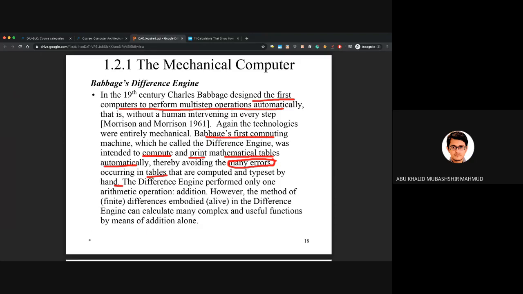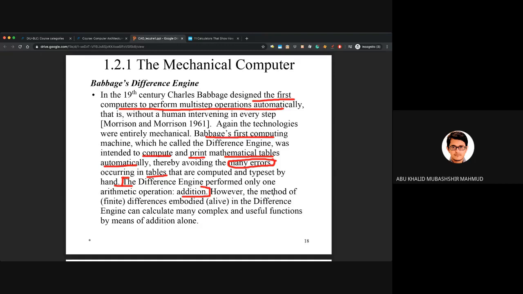However, the main drawback was that only one arithmetic operation could be performed automatically, and it was addition. The method of finite differences embodied in the difference engine can calculate many complex and useful functions by means of addition.